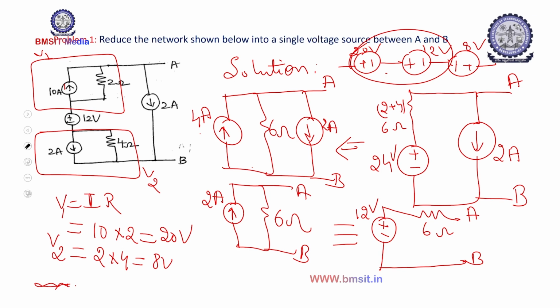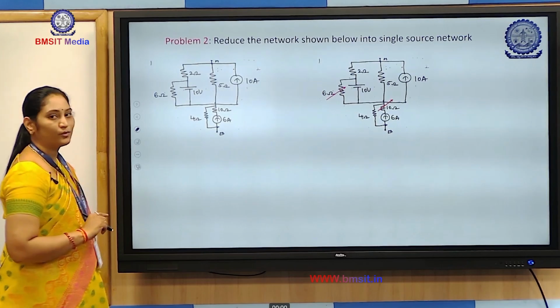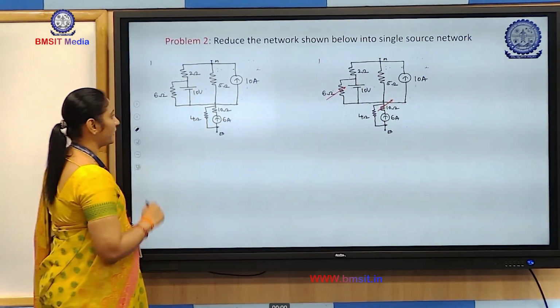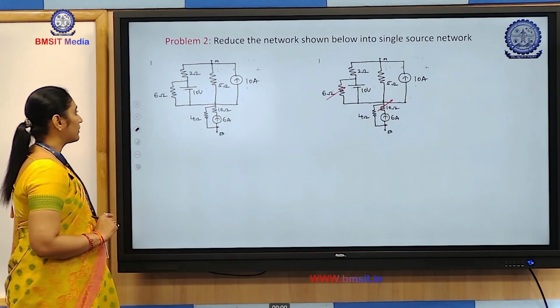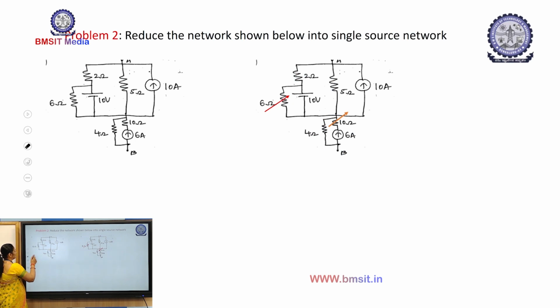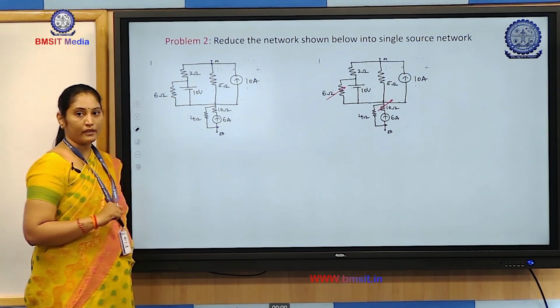So we'll go to the next problem. Here you have to identify some elements which are not required. I have already mentioned it, but still I will explain. As per the redundant element rule, resistors connected in parallel with the voltage source become redundant, and resistors connected in series with the current source also become redundant.